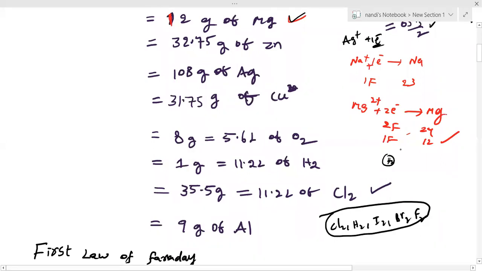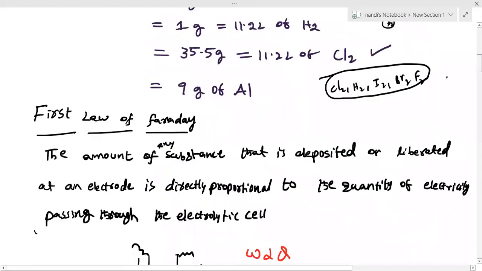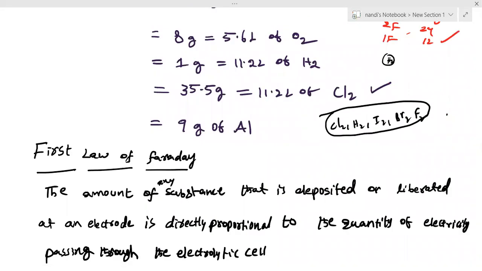So now we can write the first law of Faraday. First law of Faraday, please write it down. I am reading it so that you can understand; make a note of it. You don't worry about that; we will discuss. Just note down the first law of Faraday definition. I will explain how it is applied also.